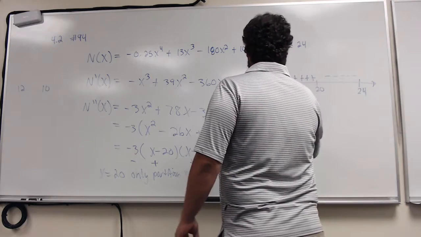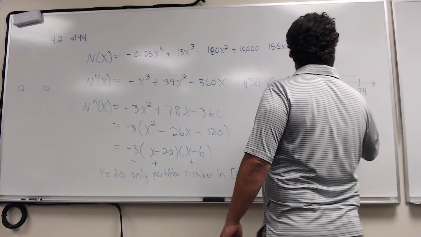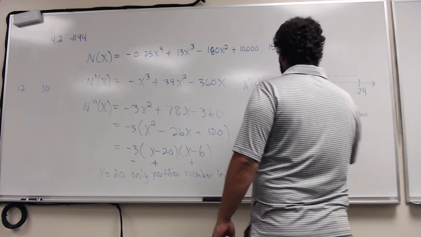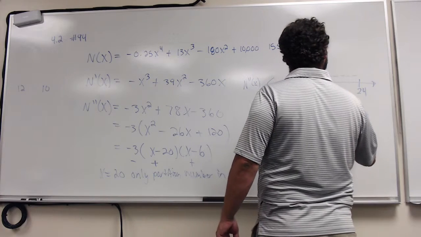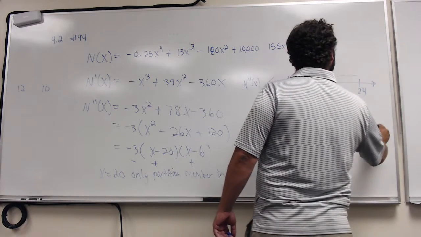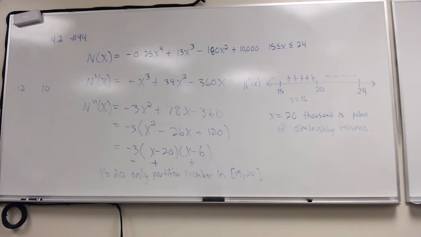So x equals 20,000 is the point of diminishing returns. And my guess is they want you to find the rate of change at that value as well. Okay, that's also going to give you a maximum rate of change.